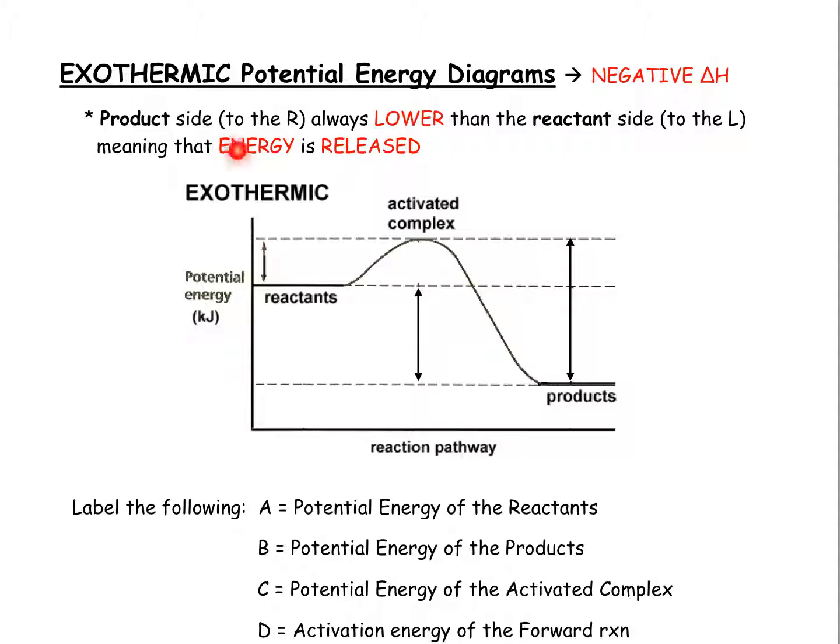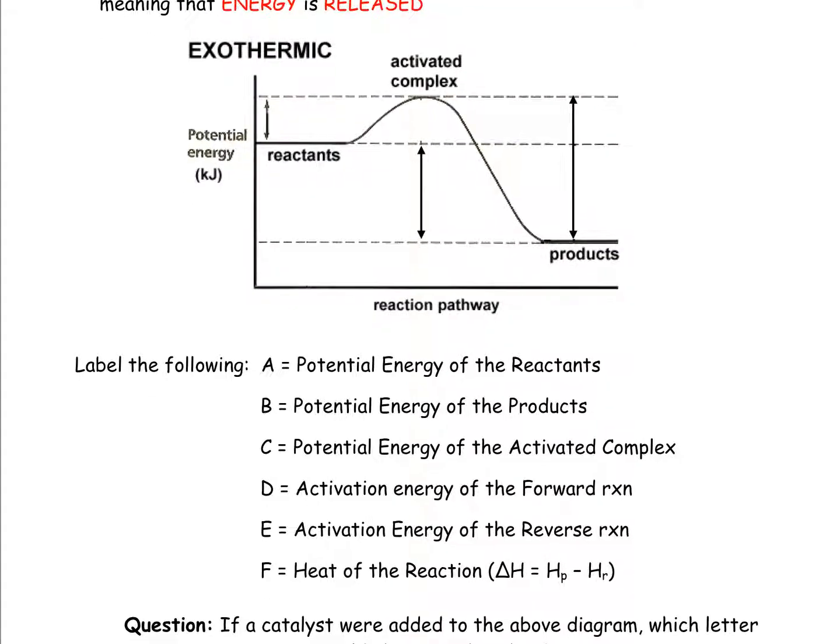So we have energy being released. Now remember, I said a negative change in energy. We are not releasing negative energy, just an overall negative change from what we started with to what we end with within this reaction. So we'll once again label this potential energy diagram.